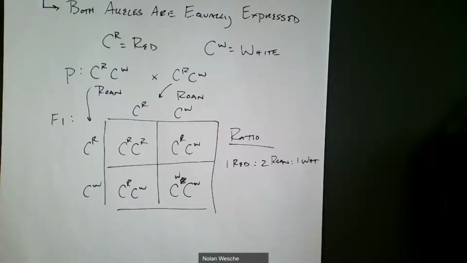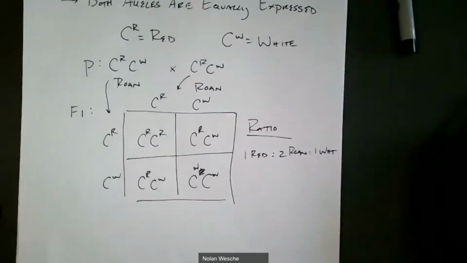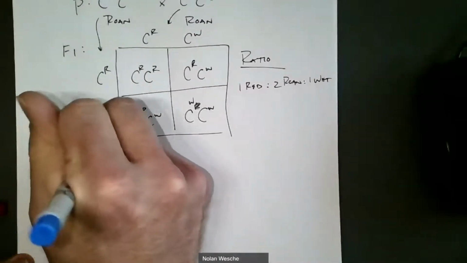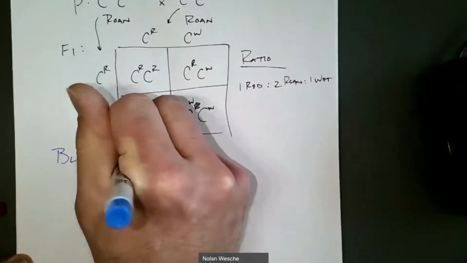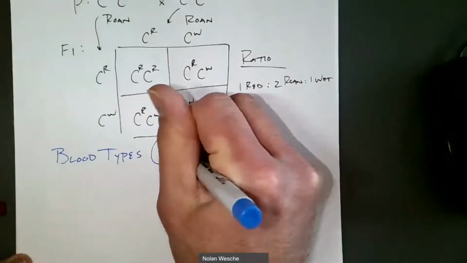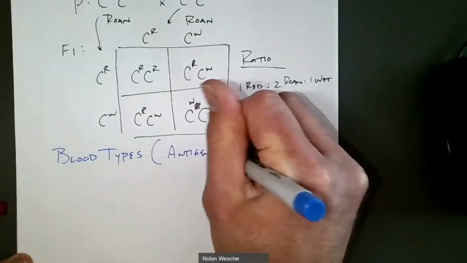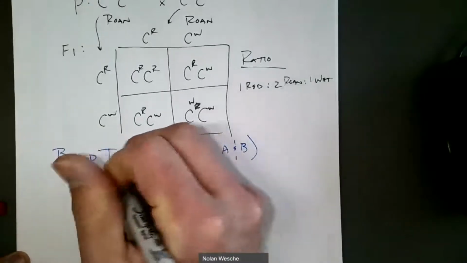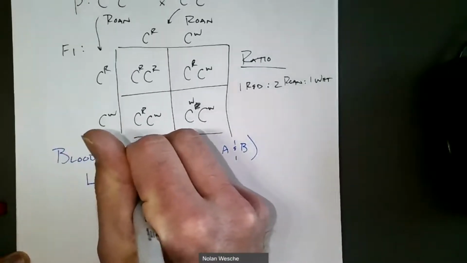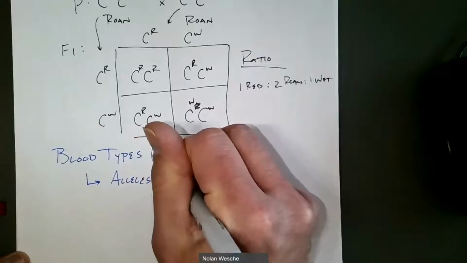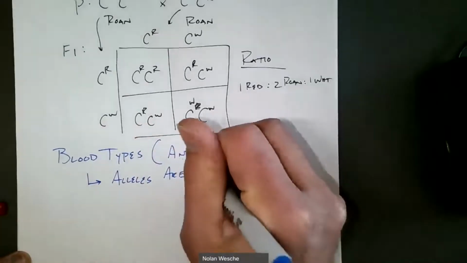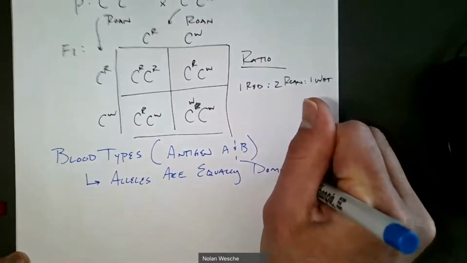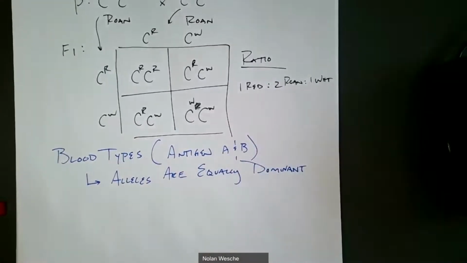Other things that are inherited in this fashion, we'll do quite a few problems with blood types. With blood typing, we have these antigen A and antigen B, and those are going to be codominant, where the alleles are equally dominant. So let's get a look at that.